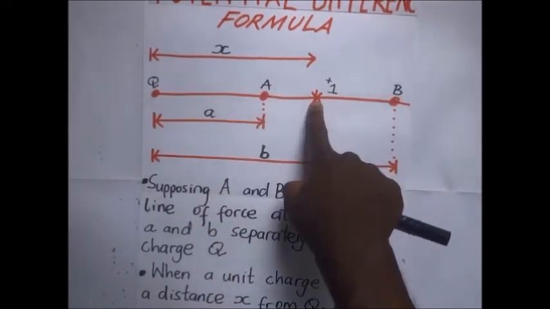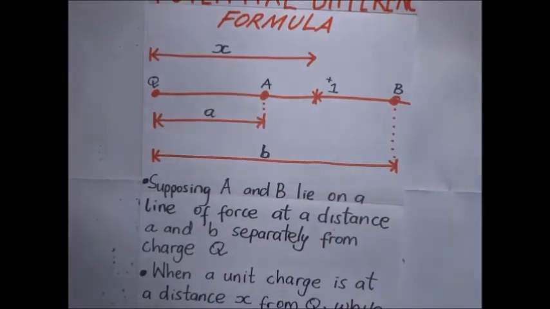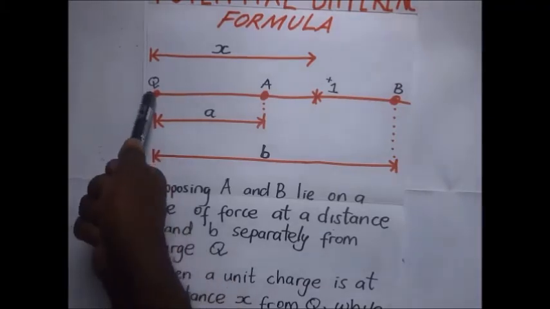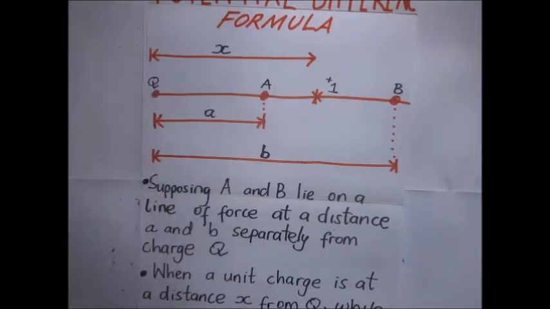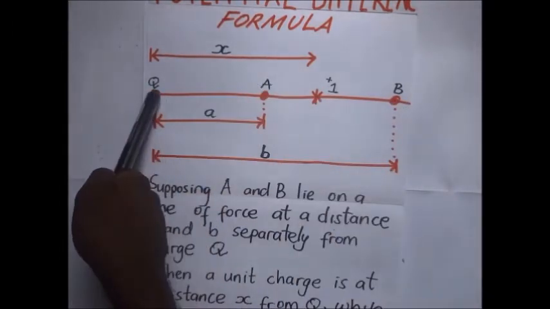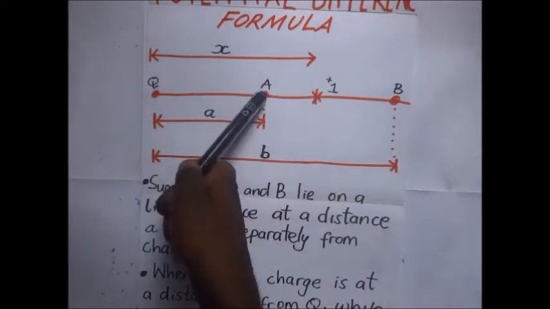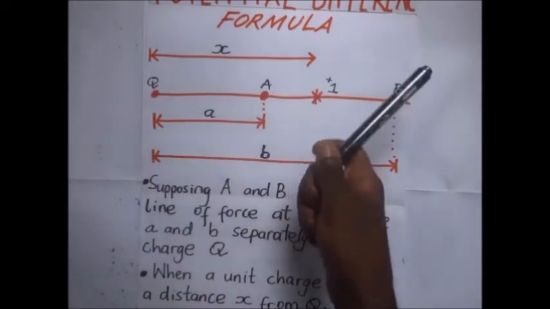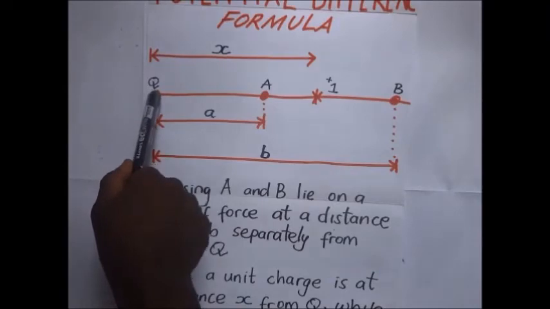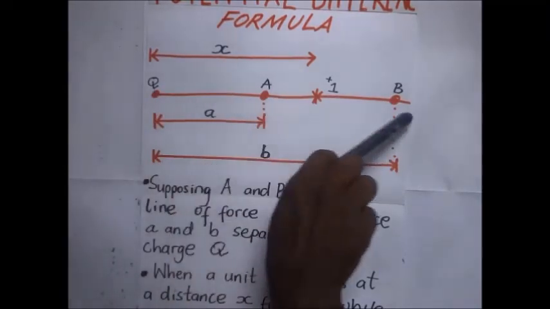Now, if this unit charge is to move from B to A, it has to work against the repulsive forces of this Q, because this Q is also positively charged. So work is going to be done against the repulsive forces of Q. And if this unit charge is to move from A to B, this charge Q is going to do work in pushing it away.